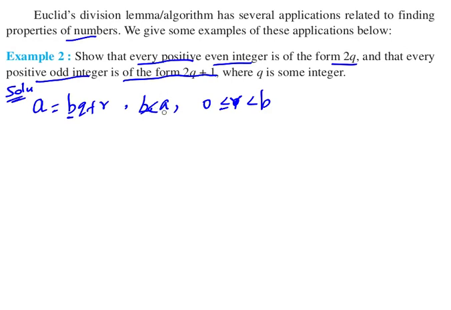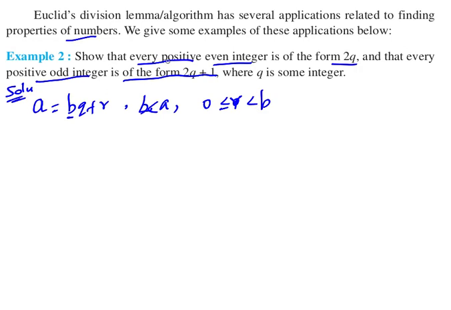So the greater number can be written in the form of bq plus r. Here q and r are the quotient and remainder. The condition on r is 0 less than or equal to r less than b. That means r can be 0 or greater than 0, but it should be less than the divisor b.